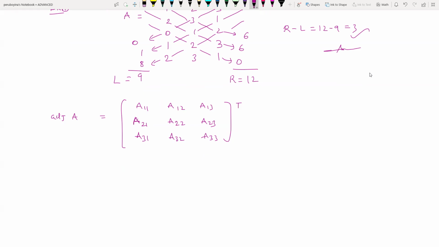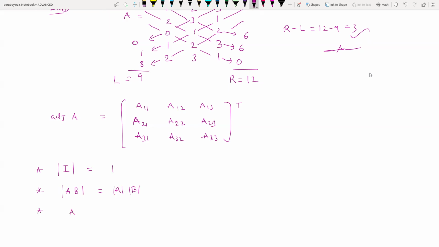First of all, the determinant of I, the identity matrix, is always 1, whether it is a 2 by 2 matrix or 3 by 3 matrix, whatever it is. And if A and B are any two matrices, det of AB can be written as det A into det B, the individual product.